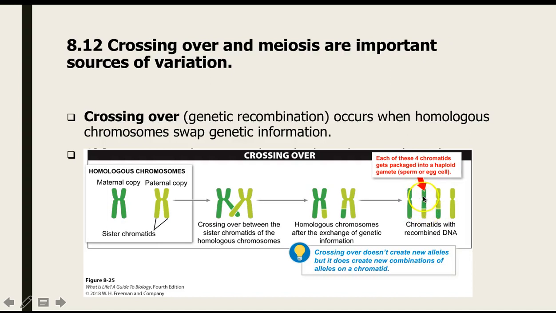How this bit crosses over, whether you got this maternal chromosome or this one, whether you got this paternal chromosome or this one, that adds variation into the offspring. And variation is one of the big deals about meiosis. It's actually one of the things that meiosis functions as, to increase variation in the next generation.